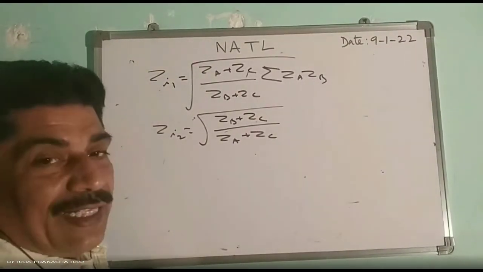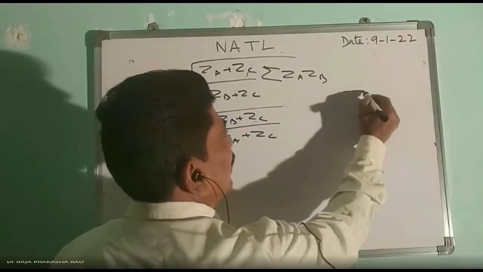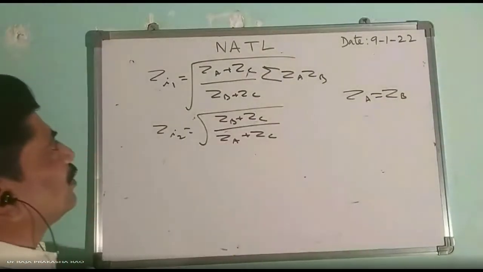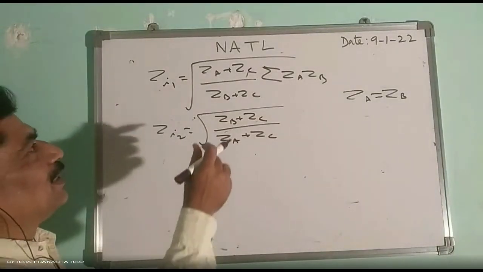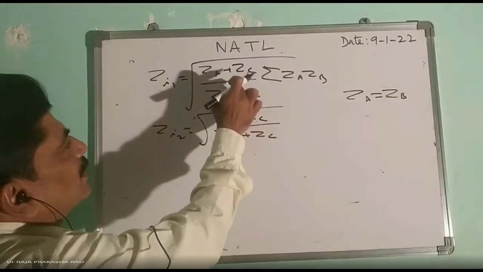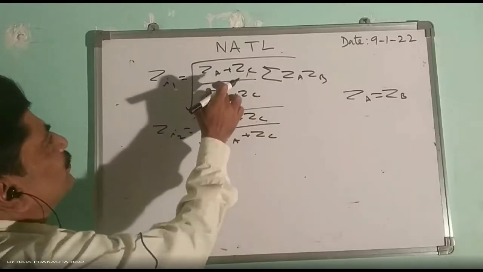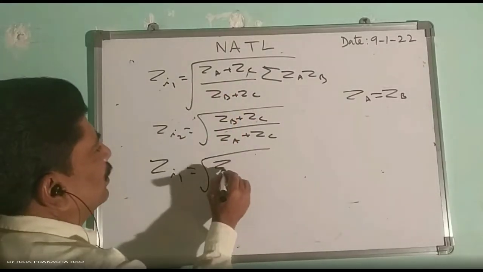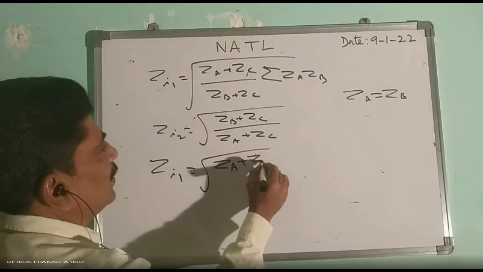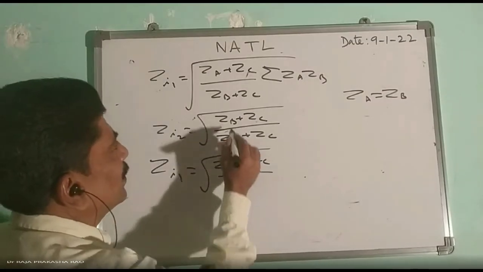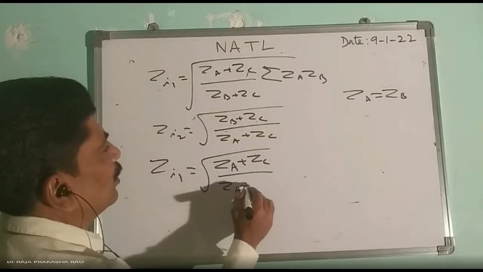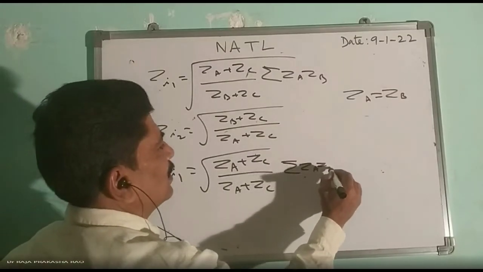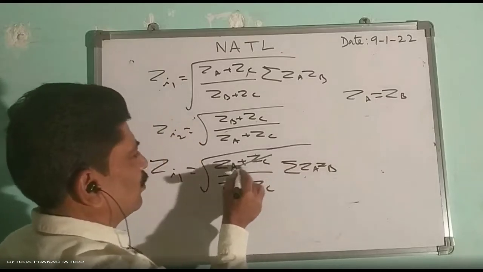If the network is a symmetric network, then ZA is equal to ZB. If you substitute here, what will you get? Can anybody tell me? ZA is equal to ZB, you substitute here. Zi1 will be equal to the square root of sigma ZAZB, since the ZA plus ZC and ZB plus ZC terms get cancelled.